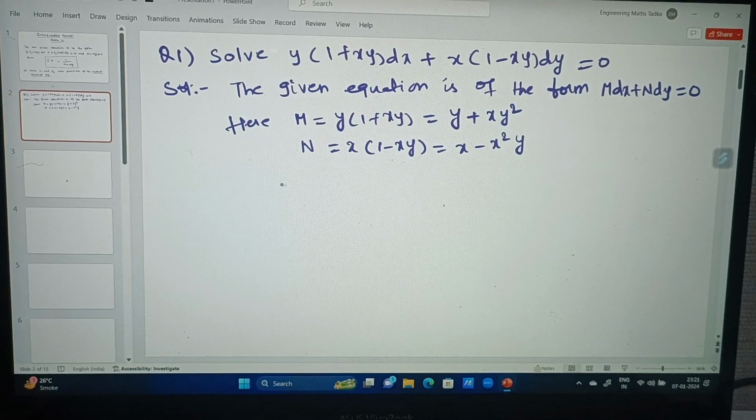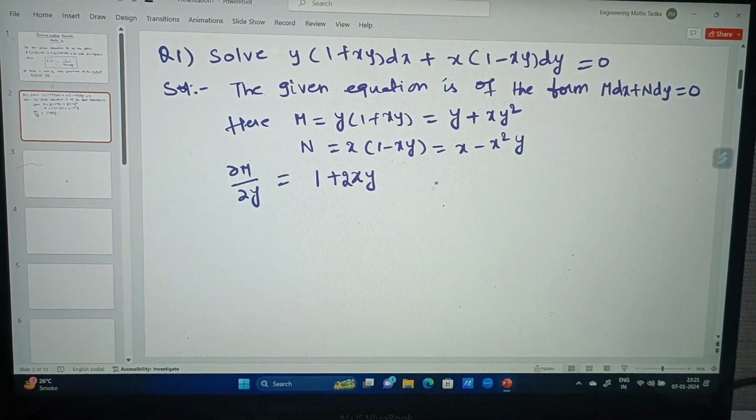Okay? After writing the functions M and N, you need to calculate dou M by dou y. Dou M by dou y का मीनिंग क्या होता है? Differentiating partially the given function M with respect to y, treating the other variable x as constant. So dou M by dou y का वैल्यू क्या है? y का डेरिवेटिव 1 होता है, x constant है, y square का डेरिवेटिव 2y. So you can write it as 1 plus 2xy. Okay?